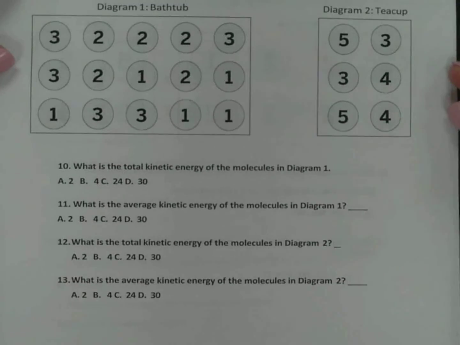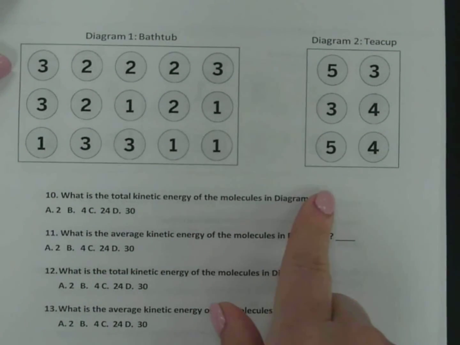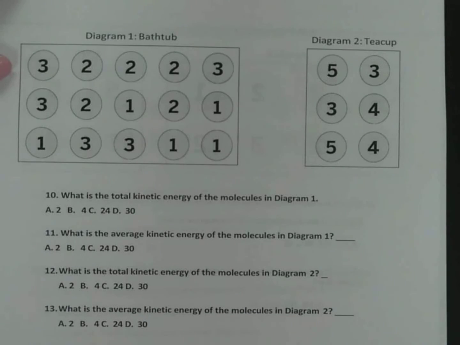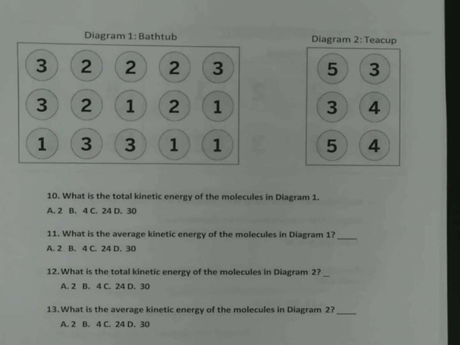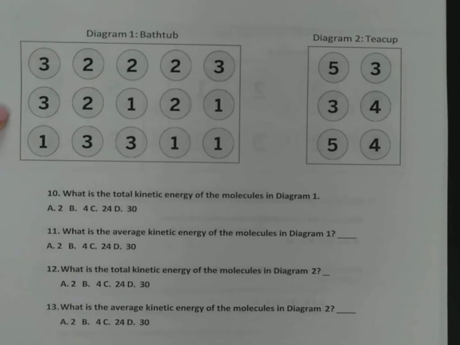Number 10, here we're going to be looking at diagram 1 and diagram 2. Number 10, what is the total kinetic energy of the molecules in diagram 1? Is it A2, B4, C24, D30? Number 11, what is the average kinetic energy of the molecules in diagram 1? A2, B4, C24, D30.